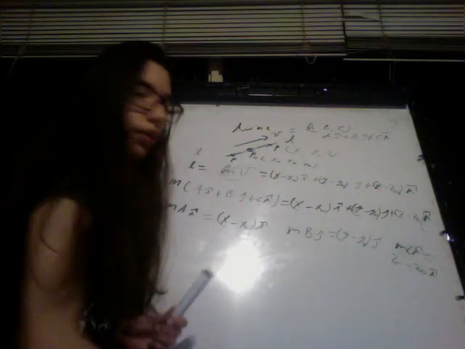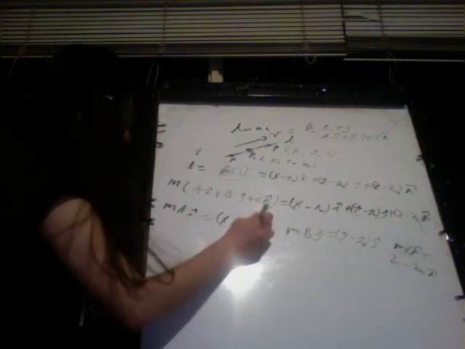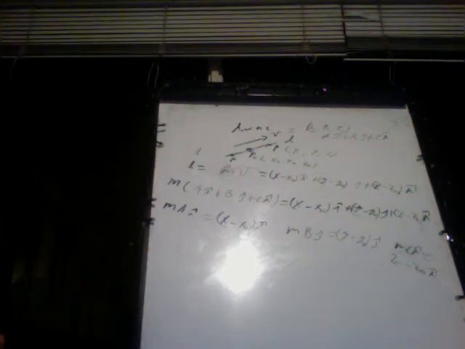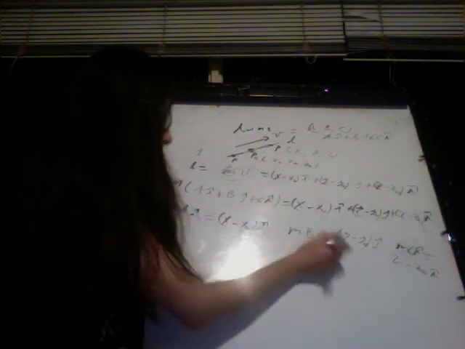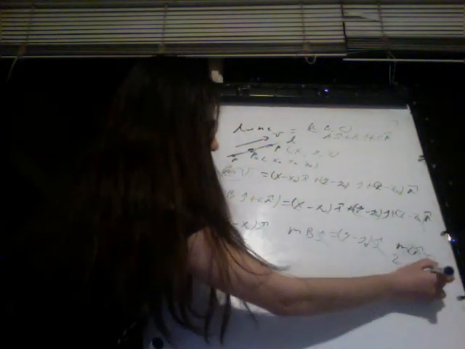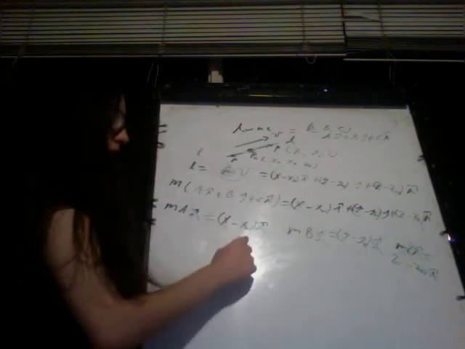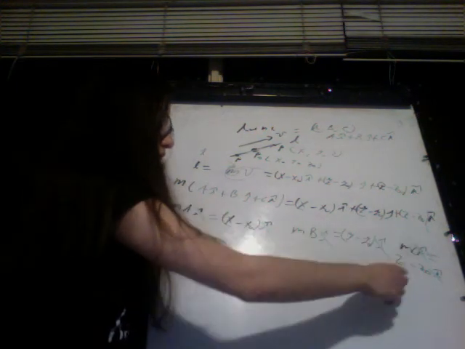Alright, so first we can eliminate the i's, j's, and k's: this i with this i, this j with this j, and this k with this k. We are left with M A equals X minus X naught, M B equals Y minus Y naught, and M C equals Z minus Z naught.